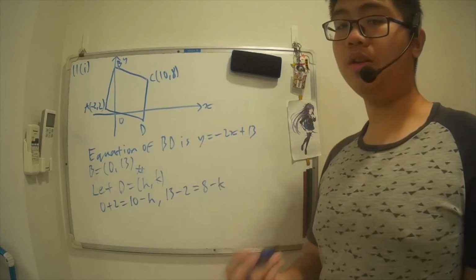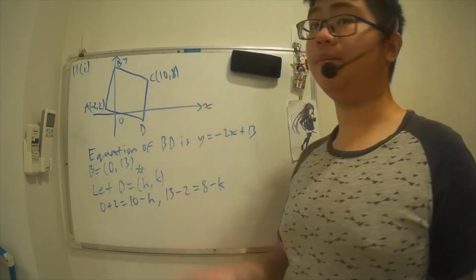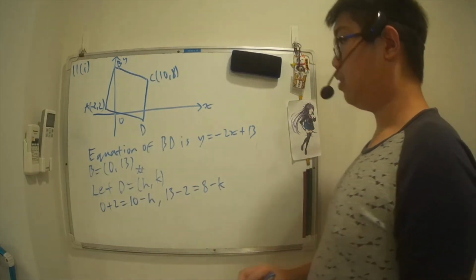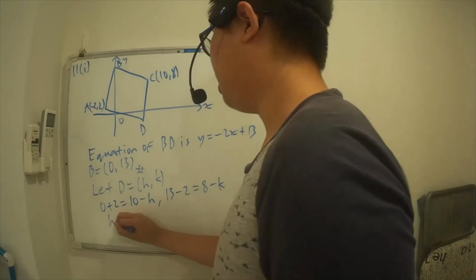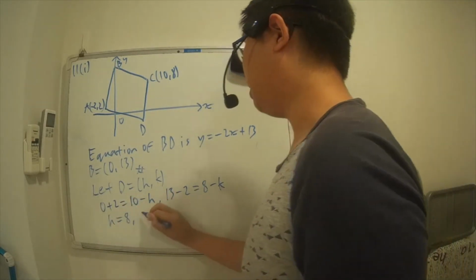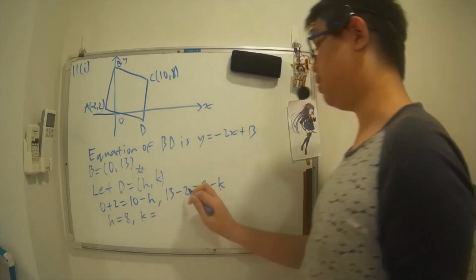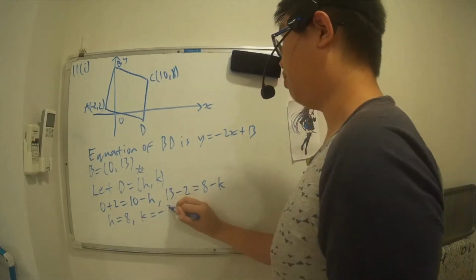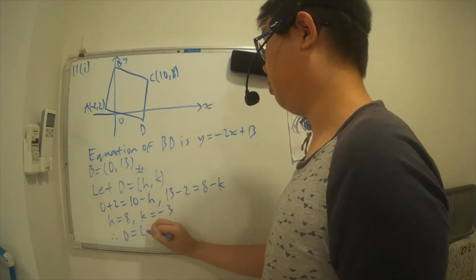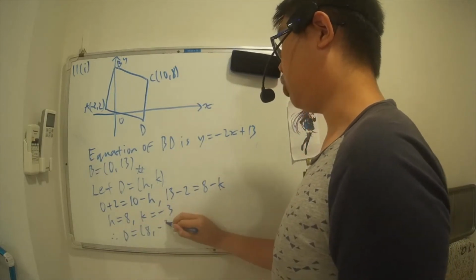We are comparing the differences and we know that they will be the same because it's a rhombus, right? So from here, h is equal to this 2, so this is 8, and k is equal to this 11, so this is negative 3. And therefore, D is equal to 8 and negative 3. Okay?